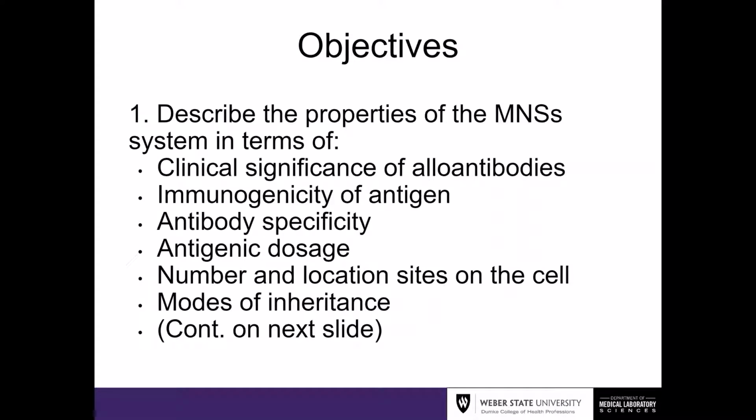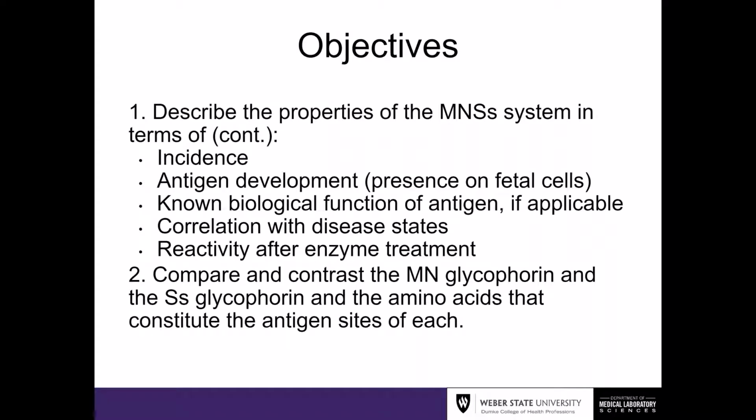These are the objectives for the MNS blood group system unit. Clinical significance of alloantibodies, immunogenicity of antigen, antibody specificity, antigenic dosage, number and location of sites on the cell, modes of inheritance, incidence, antigen development, known biological function of antigen, correlation with disease states, and reactivity after enzyme treatment.